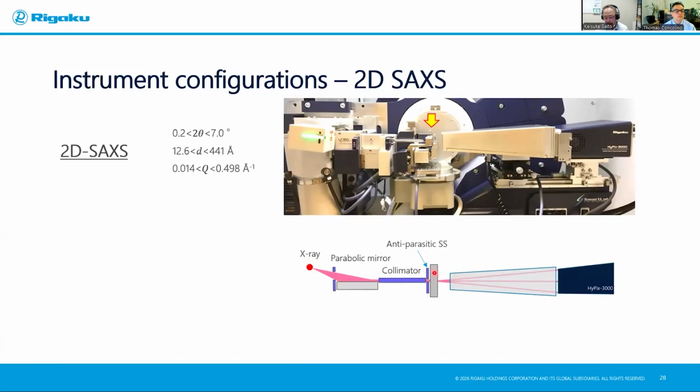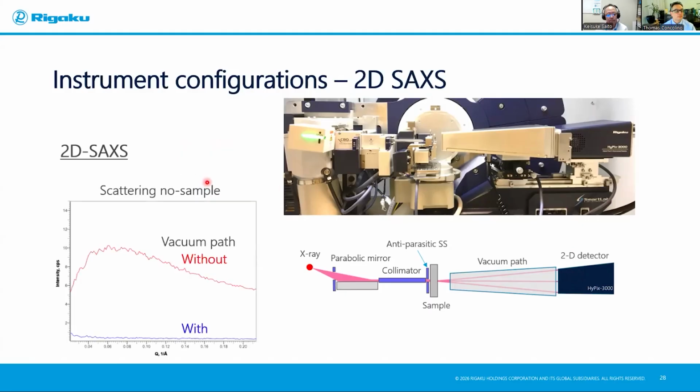Then your sample is placed here. The scattered intensity goes through the vacuum path because it is very, very weak, and is finally recorded by a 2D detector here. In this geometry, we cover about 0.2 degree 2 theta up to 7 degree 2 theta, or the corresponding scattering vector range.